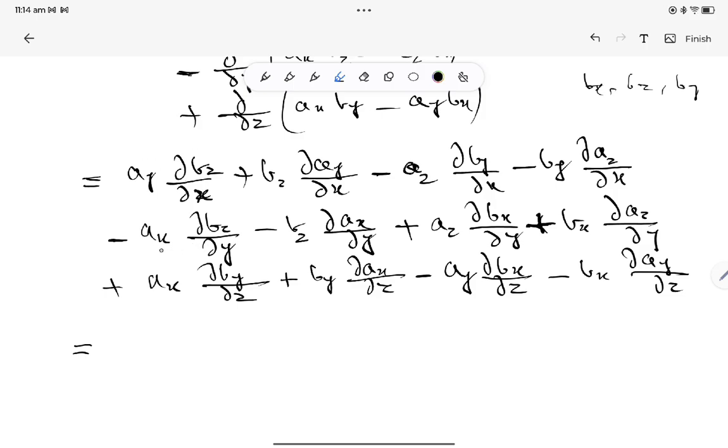Now each term a_x, a_y, a_z will appear with two signs. For example, look at this a_y. Here it is positive. There will be another term a_y that will be negative. You can check it here. So if we combine these two, you will have a_y (del b_z by del x minus del b_x by del z).